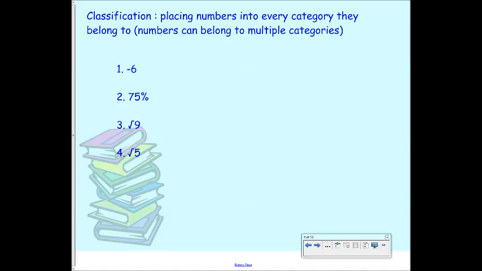So take a look at -6. Is -6 real? Yes. Remember, all the numbers that we're dealing with in this class are going to be real. So if you don't see a little i, they're all real. So this one is real. What else is it? Integer. It's an integer. Is it a whole number?